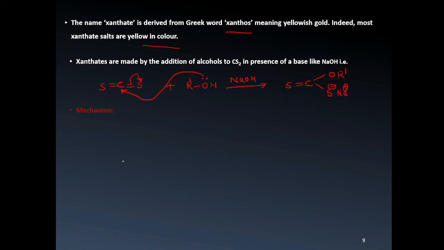Mechanism for this: first ROH alcohol plus sodium hydroxide, OH minus will abstract this proton, so formation of RO minus Na plus.